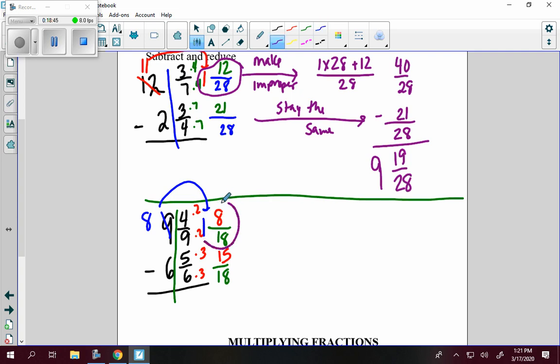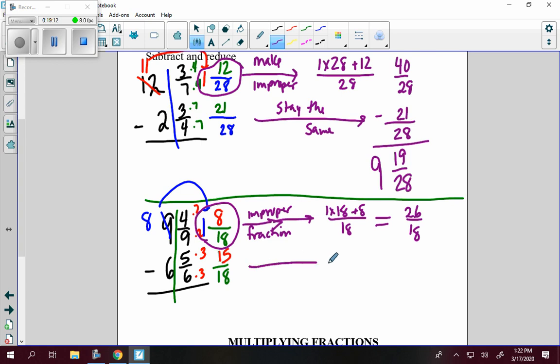Then I take my mixed number, and I make it into an improper fraction. So I take 1 times 18 plus 8 and put it all over 18. So then I have 26 over 18.